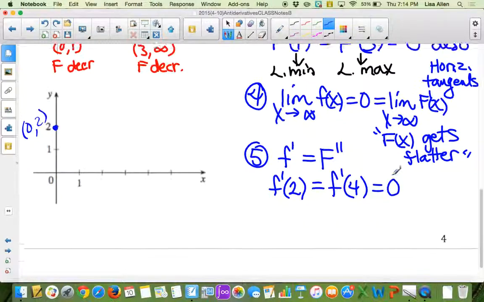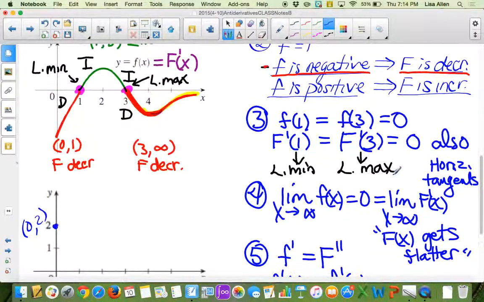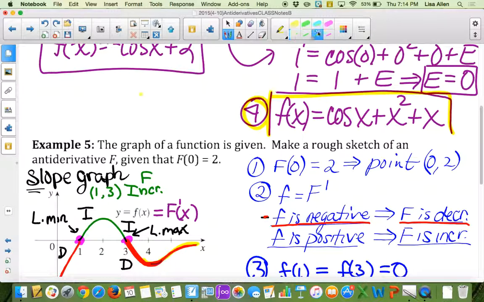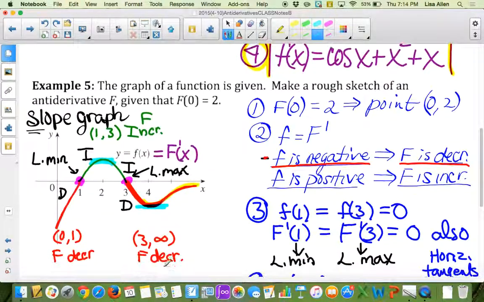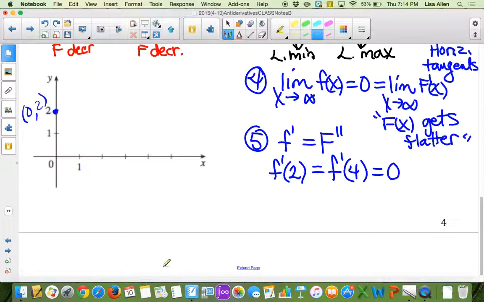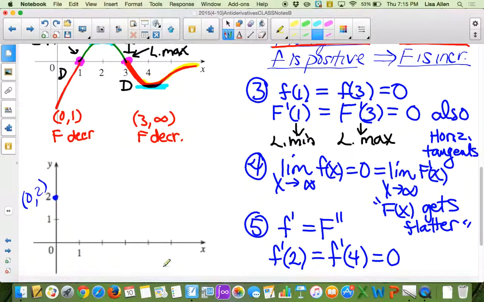Go back up and look at the graph so we can see this. Let's get some highlighter on this. Let's go blue highlighter here. So let's look at the graph here. You can see here is at 2, here's a 4. We have horizontal tangents on the graph of f. So that means that f prime, the slope of f, lowercase f, is equal to the second derivative.